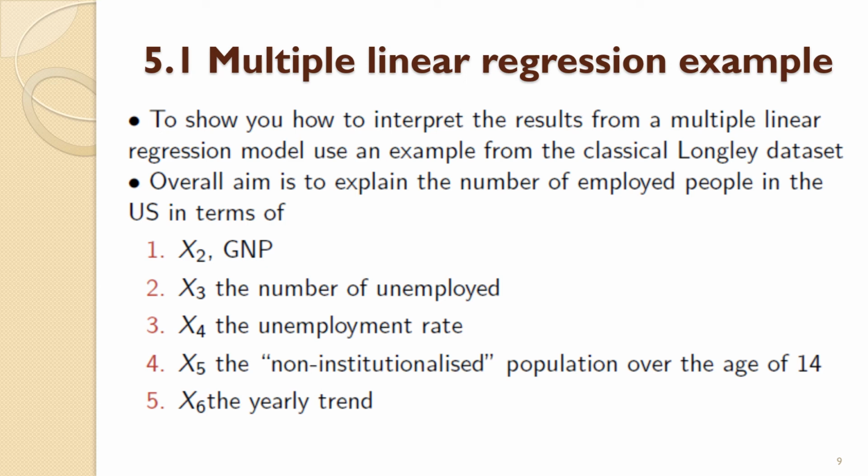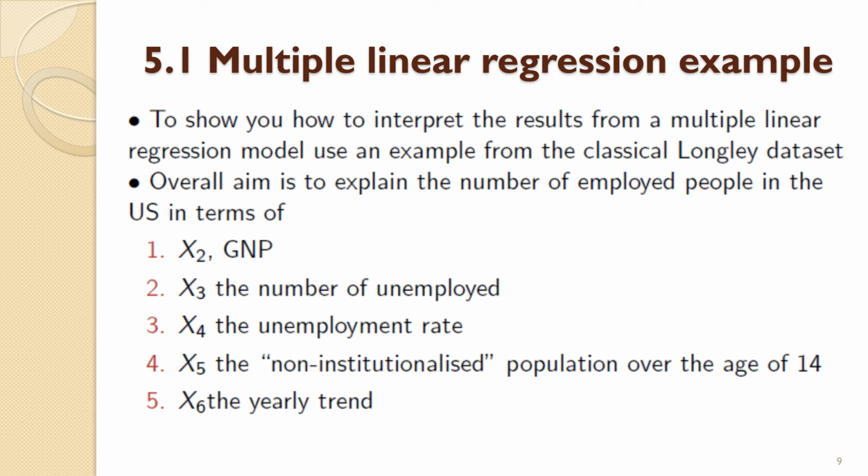So this is the famous Longley dataset, sufficiently famous to be given its own name, and the idea is that you want to explain the number employed using the gross national product, the number of unemployed, the unemployment rate, the non-institutionalised population over the age of 14, so people with sufficiently good mental health to be deemed eligible for work, and x6, the yearly time trend.